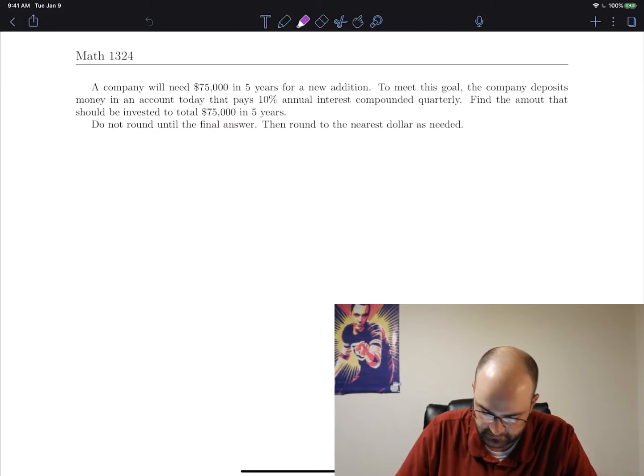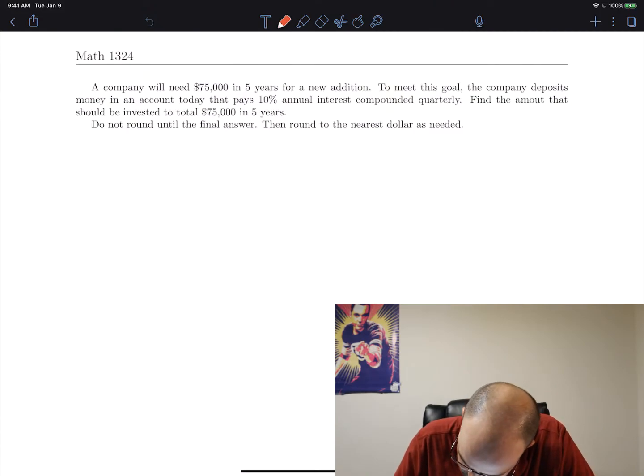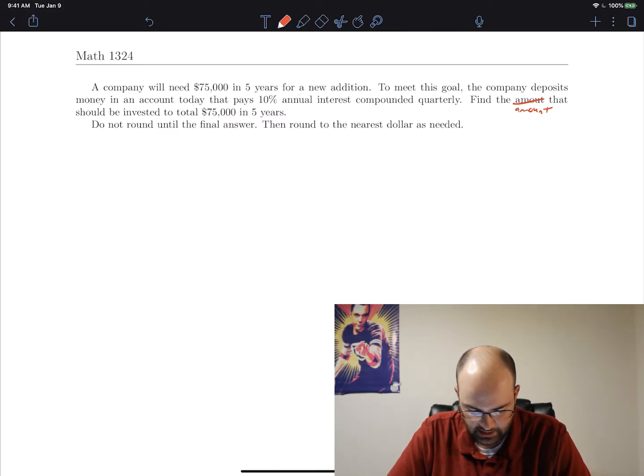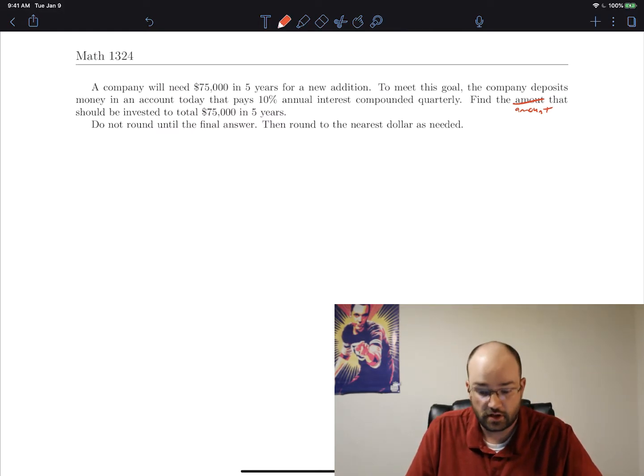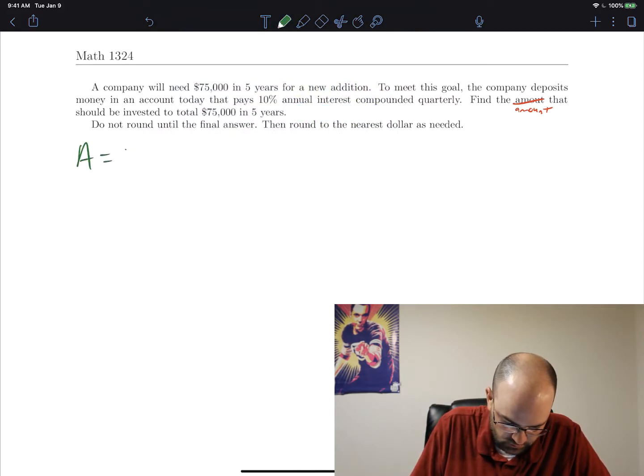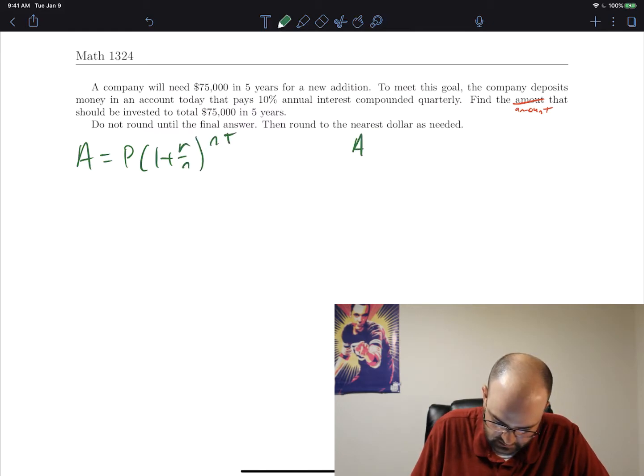Okay, so first of all, yes, that should be the amount. Now, this is compound interest, so we have A equals P times (1 plus r over n) to the n times t.